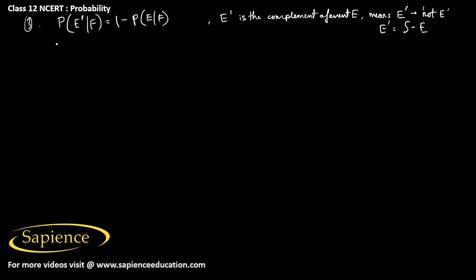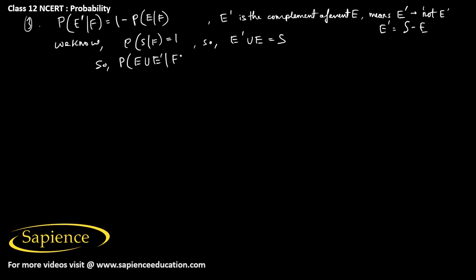So now, how to prove it? We know that the probability of the sample space given F is equal to 1. Now the event E dash union E is equal to S. So the probability of E union E dash given F is also equal to 1.